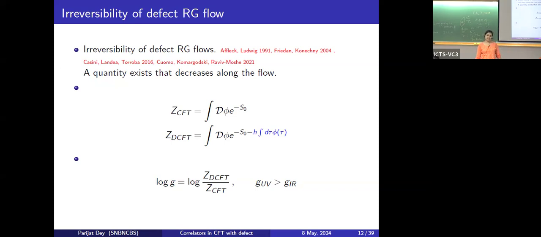Yes. If there is no line to begin with, then that I would call a trivial defect. But suppose there is a line, but H is 0. Okay, I understand. So if there is a line but there is no relevant perturbation, then that is again a defect CFT.